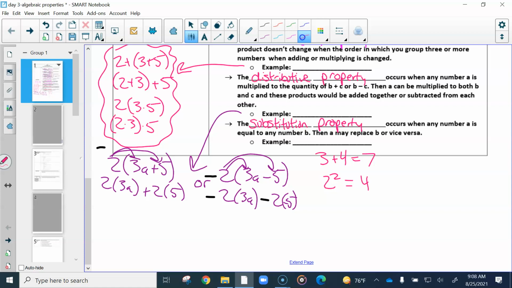I was trying to think of what it was. But basically, if whatever it was changes into something you know, it's substitution.